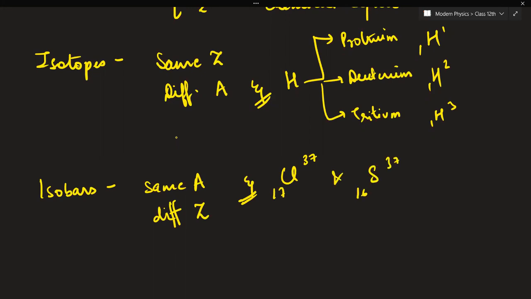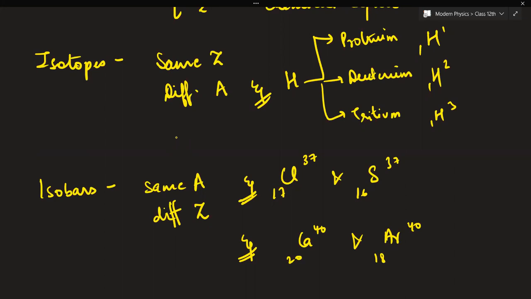So these are isobars. Or take the example of calcium and argon. Calcium is 40 and 20, and argon is 40 and 18. This is different, but here the mass numbers are the same.